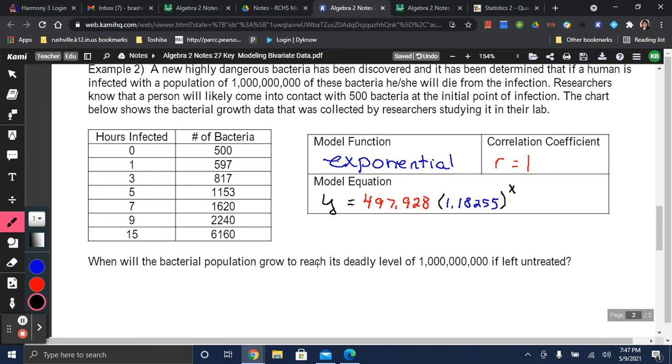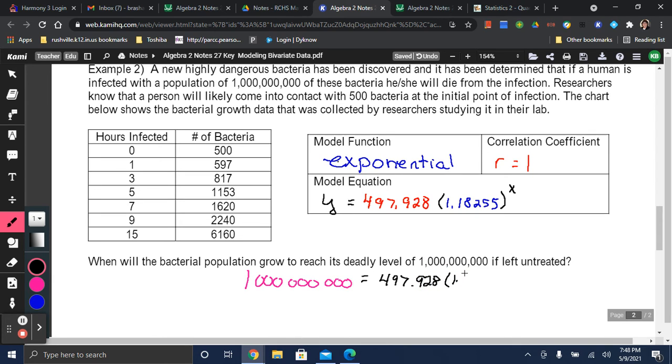And this question, we have one question: when would the bacteria population grow to this deadly level of 1 billion if left untreated? So that 1 billion is your number of bacteria. So we're going to put that in for the y value. So that's got 9 zeros to it, and then equaling the rest of your equation.